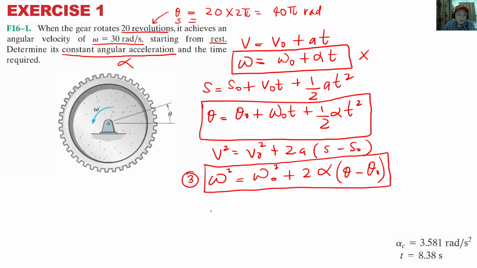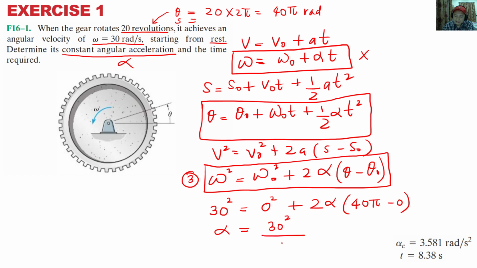So this one is final velocity, 30 radian per second. Original velocity 0. 2 alpha, don't know. Theta minus theta naught, this one: 40 pi minus 0. Yeah, from this you can get alpha. So alpha becomes 30 squared divided by, this is 80 pi, correct? 30 squared divided by 80 pi.